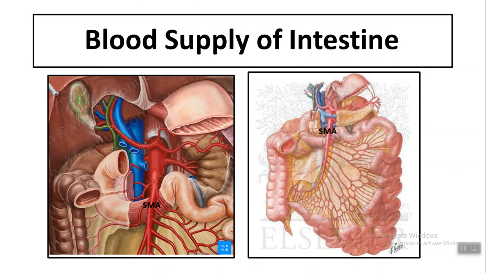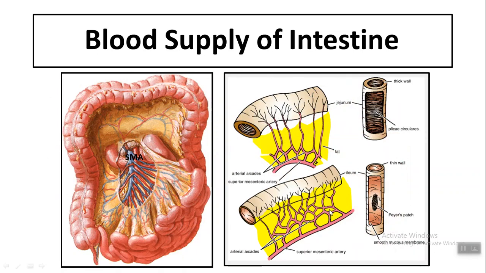The blood supply of the jejunum and ileum is derived from the superior mesenteric artery. From the left side of the superior mesenteric artery there are jejunal and ileal branches, and we can see the differences in the arrangement of the arterial arcades between the jejunum and ileum. This is the superior mesenteric artery. From its left side we can see these jejunal and ileal branches.